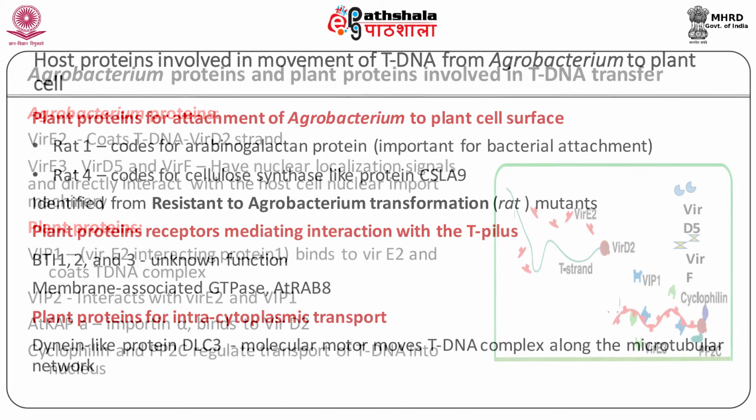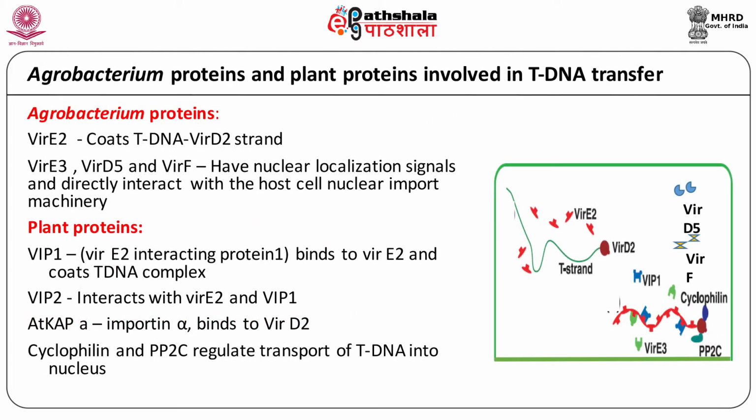microtubular network. Besides the role of plant proteins for attachment and transport of Agrobacterium into the plant cell, several proteins have been identified that bind to tDNA and play a role in import of tDNA into the plant nucleus. This includes VirE2 and VirE3 that are also transported to the plant cell via the T pilus.